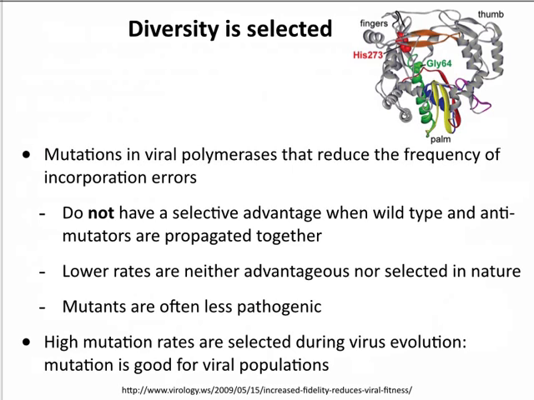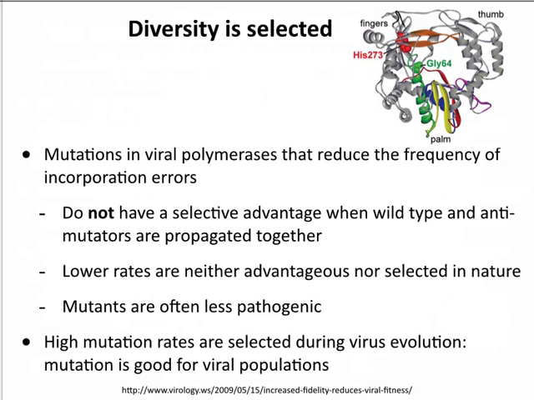And if you put this virus in an animal, it's not pathogenic. In fact, people are exploring these kinds of mutations as vaccine candidates. So making fewer errors makes you unable to compete with wild-type viruses and unable to cause disease in an animal. So the end result of this is that high error rates are actually selected for in nature, in both viruses and bacteria.